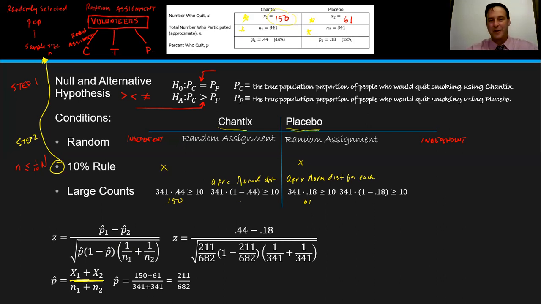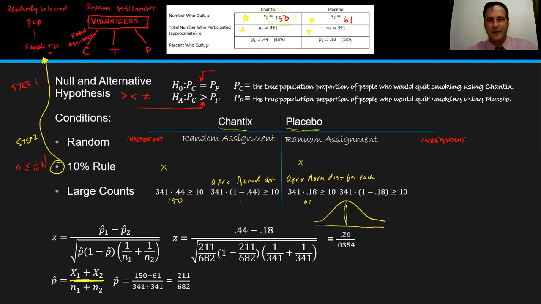And you can check that work if you're curious. If you do the square root piece underneath, you get 0.0354, and on top, in the numerator, you get 0.26. Now, what does this mean? All right, I'm going to draw my best normal curve.